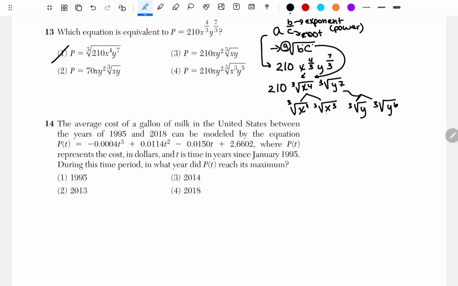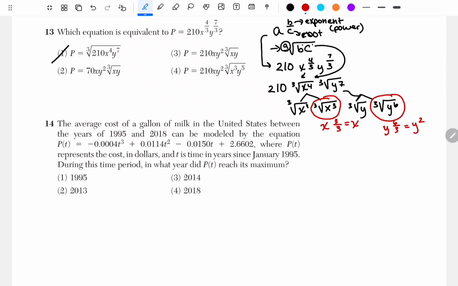We can see that this one right here, I'm going to do it in a different color, and this one right here can be simplified. If we write these back into fractions, we're going to get x to the 3/3, and here we're going to get y to the 6/3. When we simplify that, we get x and y squared.